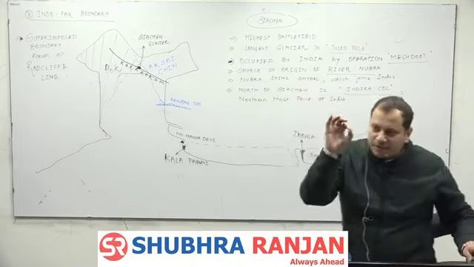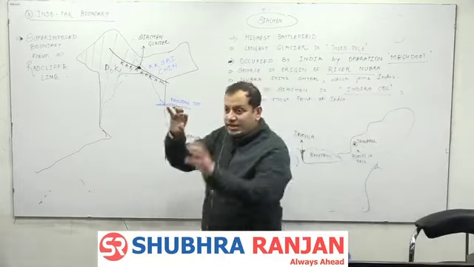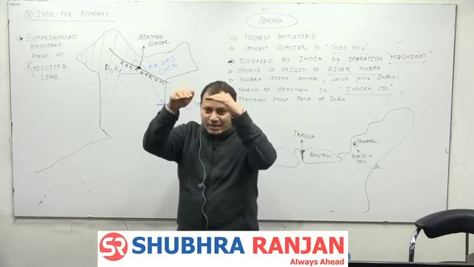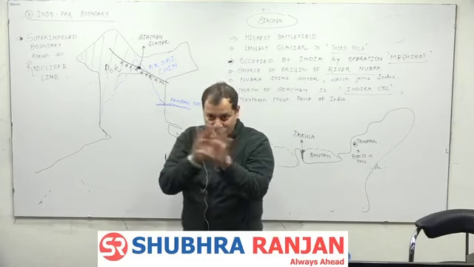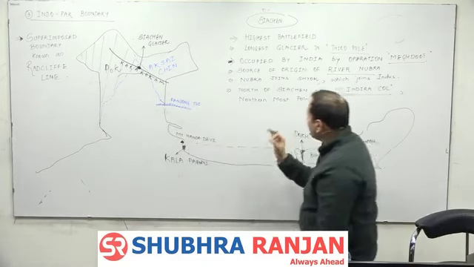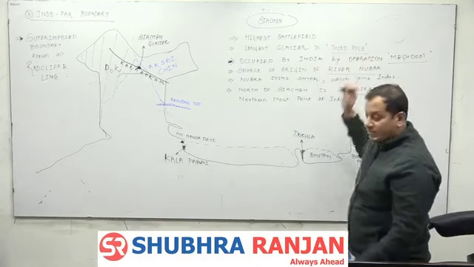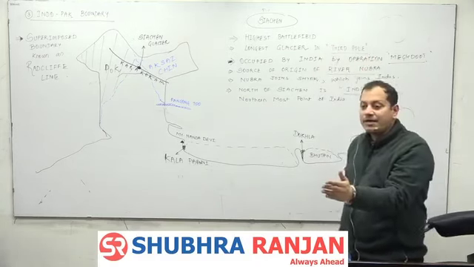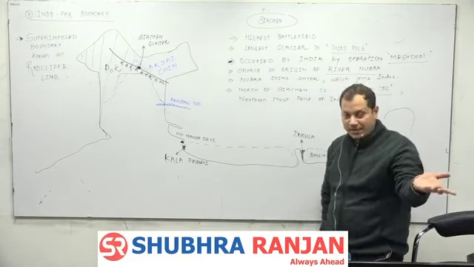But over the period of time, India is not going to demilitarize the Siachen glacier, India is going to occupy the Siachen glacier region. So remember this. For prelims point of view, you should just remember that it is the longest glacier in the third pole. Because if India comes back again from the Siachen glacier, it will be occupied by China or by Pakistan.